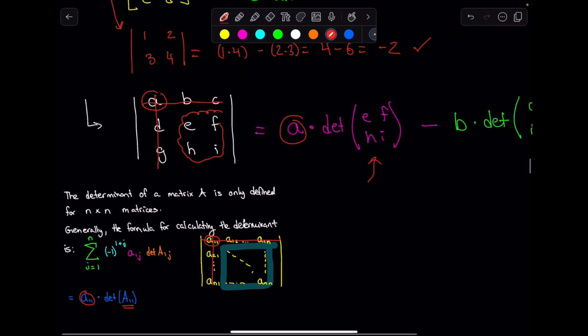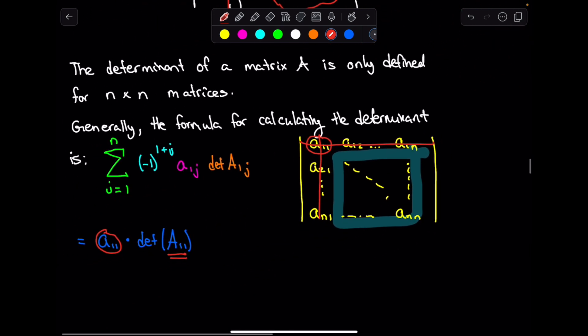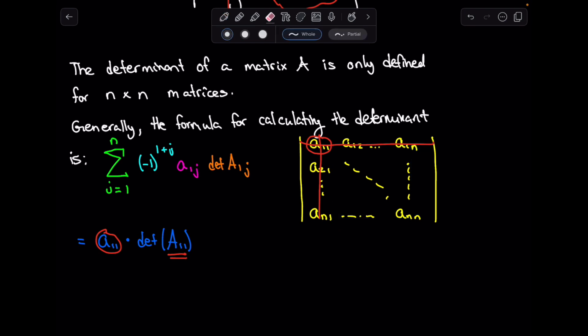Well, for larger matrices, we can generalize this process, and this is what happens. Then when you head to the second term, what happens when j is equal to 2? Now we have a negative that shows up. We get a minus 1 times something.